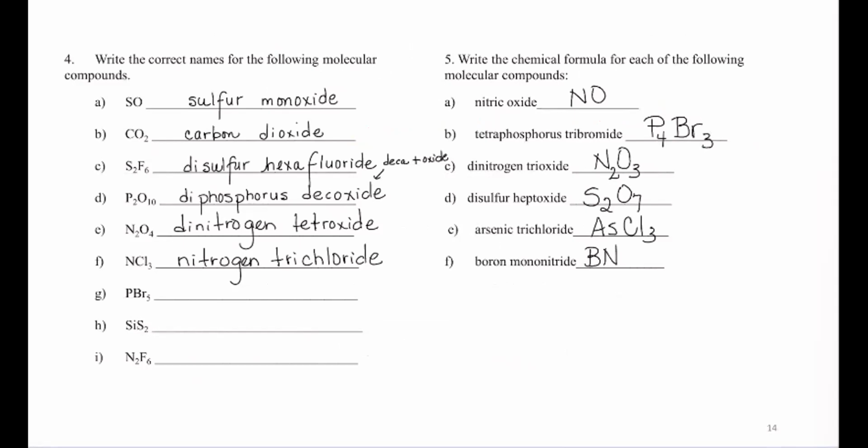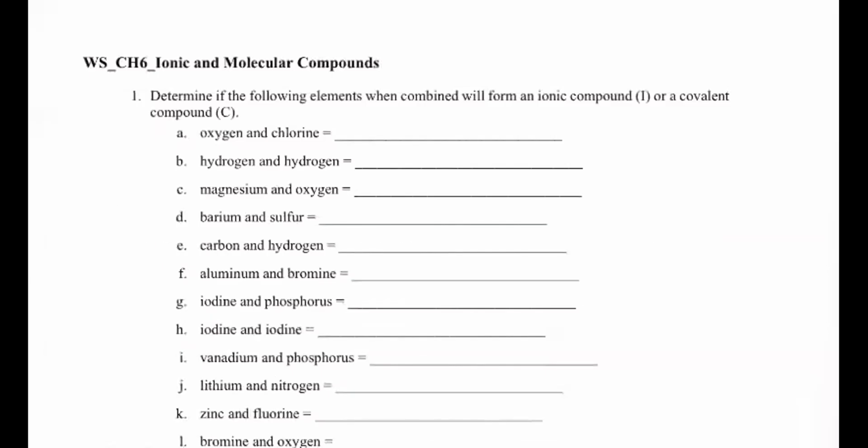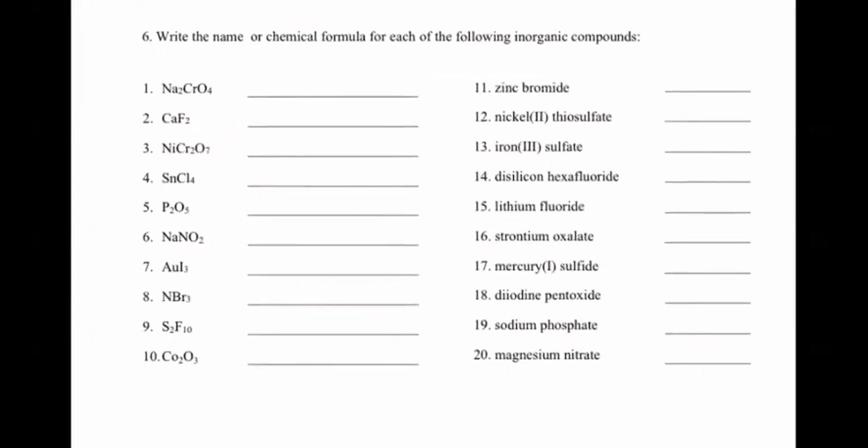So let me see. Oh, I think I have it here. This is how the in-class worksheet looks. Ionic compounds, molecular compounds. This is where it's important that you guys know how to handle all of this, because you can see here that you have to write the name or the chemical formula for the following inorganic compounds.